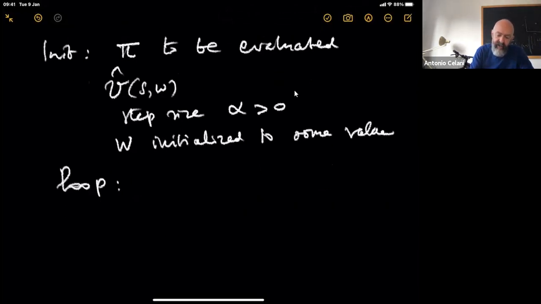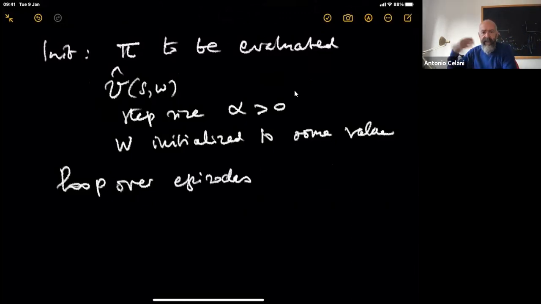Start with some S, so pick an S. So you can have a loop over episodes. Again, you can partition your learning into sequences of episodes in which you make restarts every time.